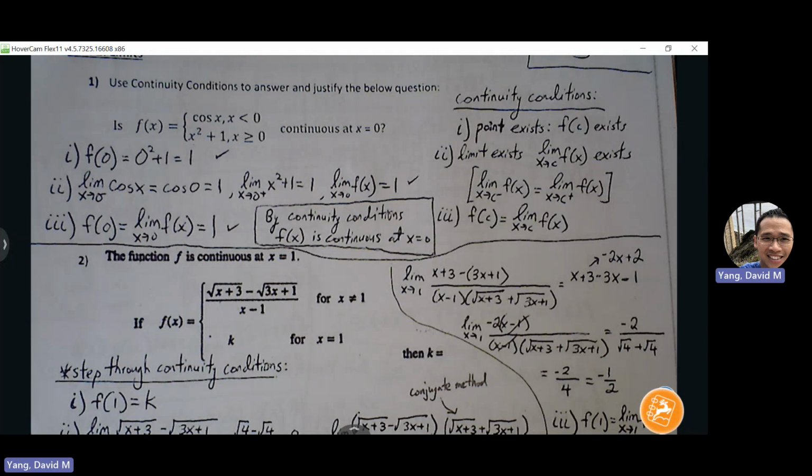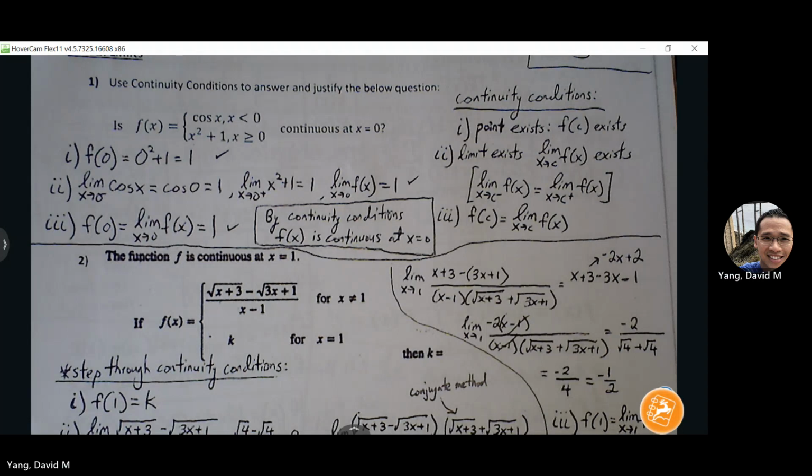If I plug 1 in, I get 4 minus 4, which is root 4 minus root 4, which is 0, 0 over 0. But I know I can, you don't want to go through the conjugate method.